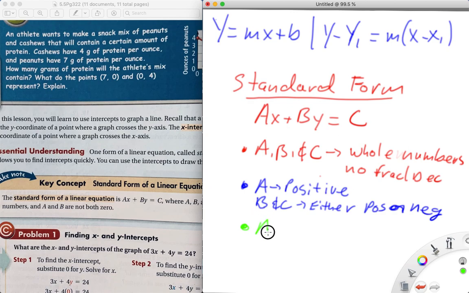A can be 0, and B can be 0. A and B can be 0, but not at the same time. I don't know why they don't say all these things in the definition.